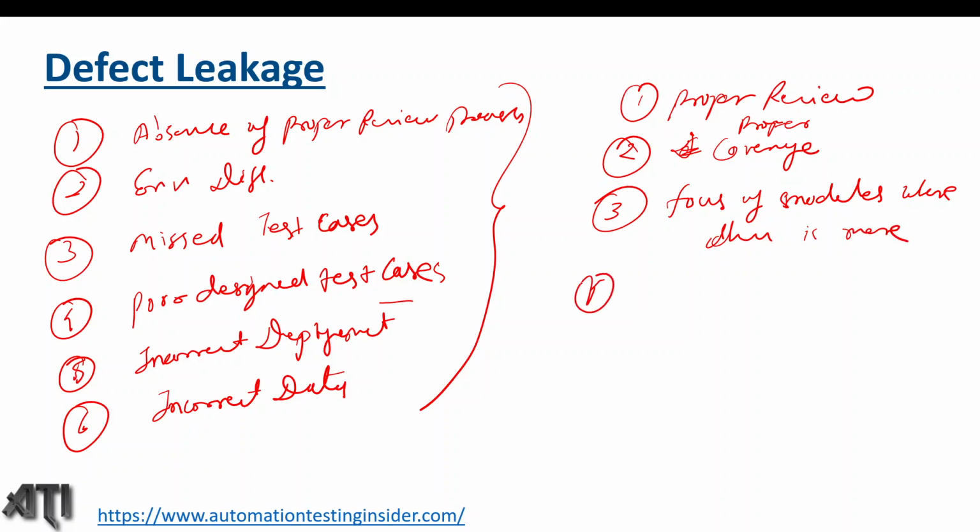And we should do proper regression testing to make sure of the impact of the functionality on other modules. So these are the various points, guys, which we should take care of while doing the testing. If you follow this process, then definitely we will minimize the defect leakage percentage, right?